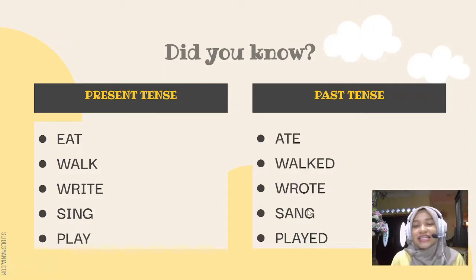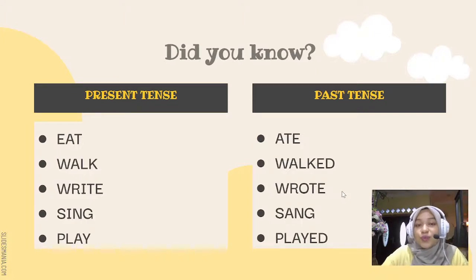So this is how we recognize that certain sentences, that certain story is talking about the past. How we recognize it is in how the verb is written. If you see, for example, I ate an apple, it means it happened before, not right now. If I eat an apple, it means it happens right now.